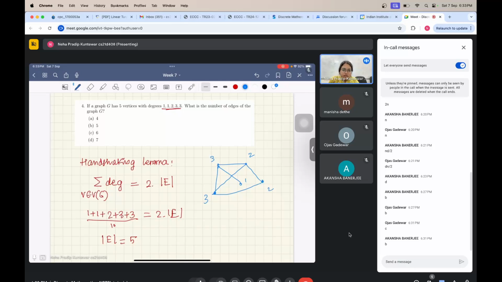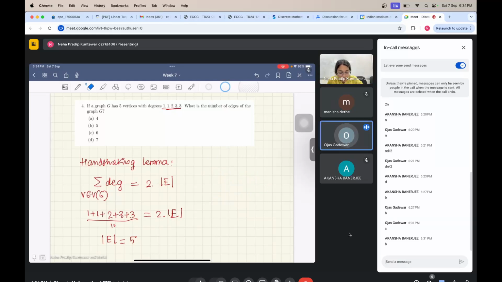Okay, so this is one example where the degree of this vertex is 3 because there are 3 edges. Then this vertex is also 3, like that. Oh, okay, sorry, this is not right.